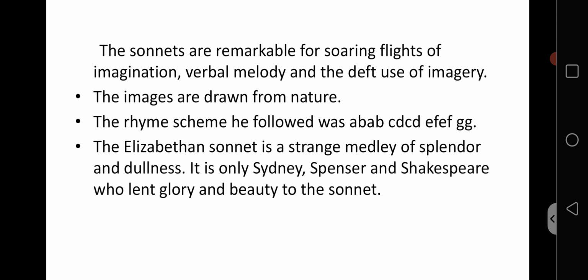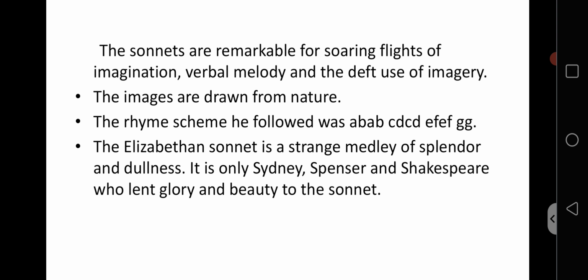Some of the writers who have written these sonnets are very beautiful. Some are very dull in nature. It is only Sidney, Spenser, and Shakespeare who lent glory and beauty to the sonnet.